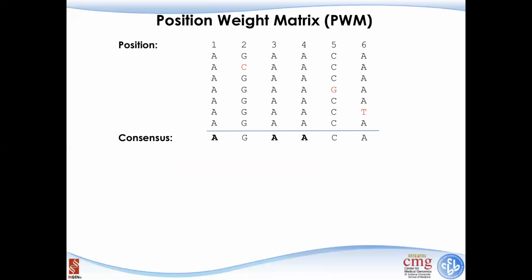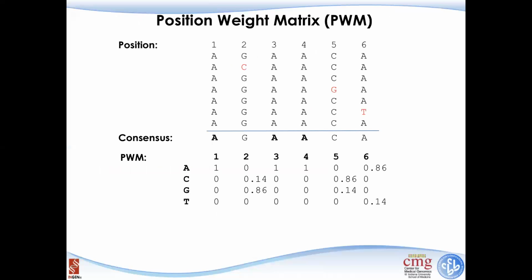The same example as the previous slide. But what is the position weight matrix? Simply speaking, it's kind of like a frequency matrix. For each position, this matrix has 4 rows in the DNA case, A, C, G, T. So if it's a protein sequence, how many rows should we have? 20, yeah.